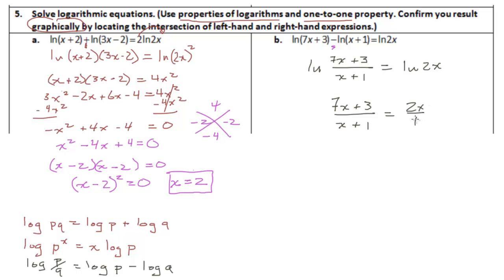Let's treat this as a proportion and do cross products. So on the left we have 7x plus 3, and on the right it's 2x times x plus 1, or 7x plus 3 is equal to 2x squared plus 2x.